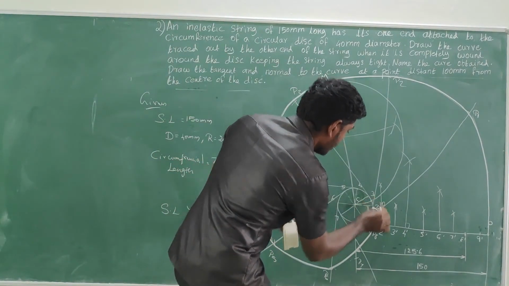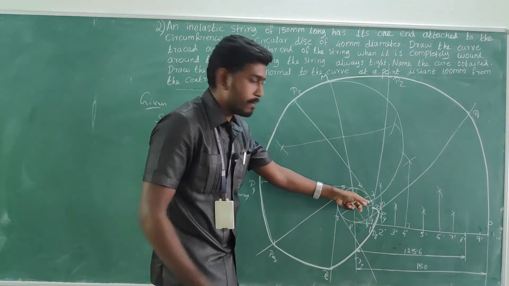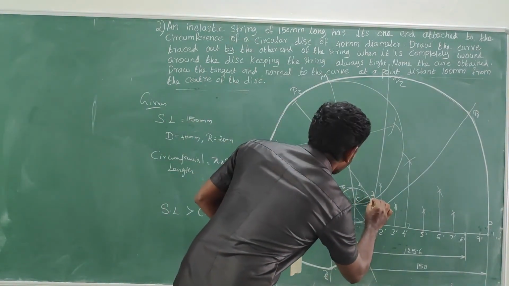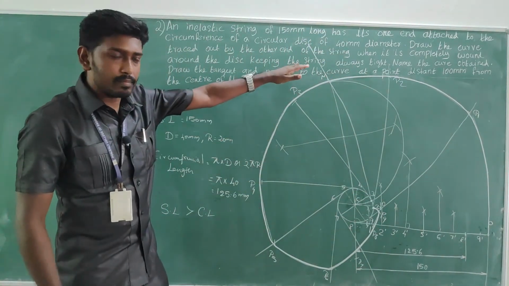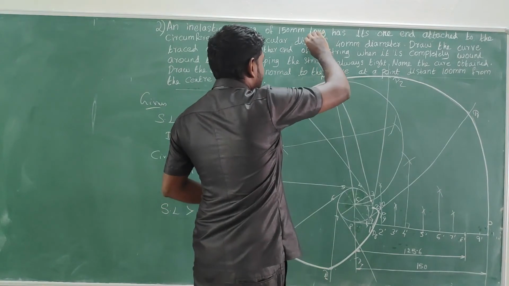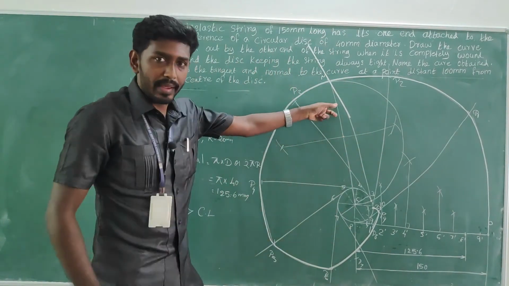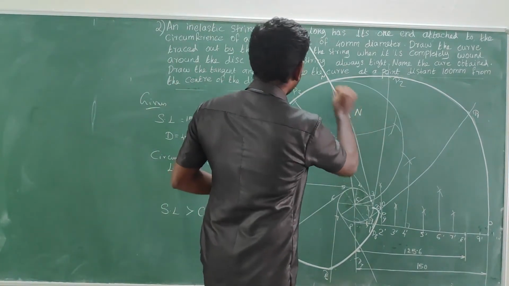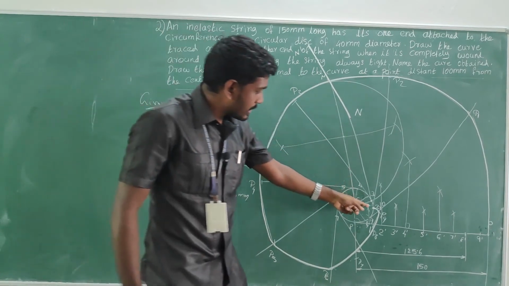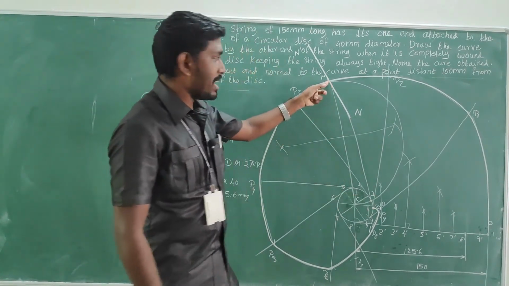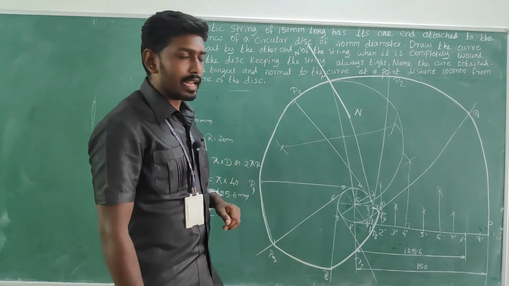The semicircle cuts the circle, and from that point, take a line to M. That line is called the normal. So make it a dark one and note N dash, right? You are connecting from the intersection point to M, that is known as your normal. So make it a dark line.